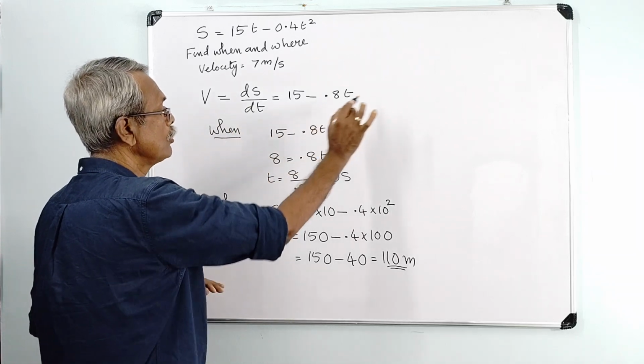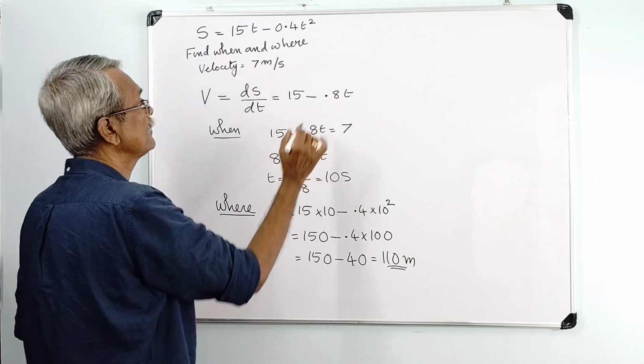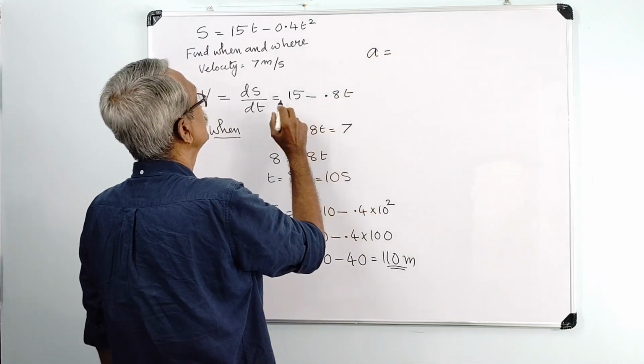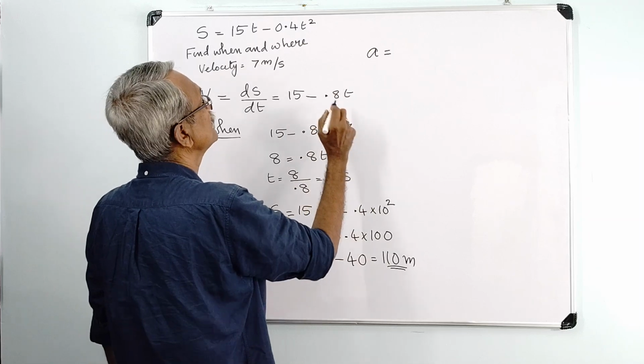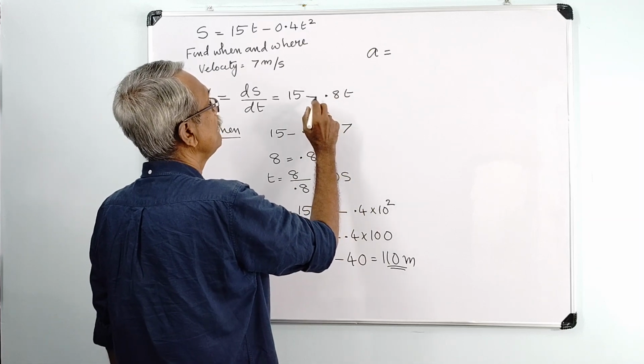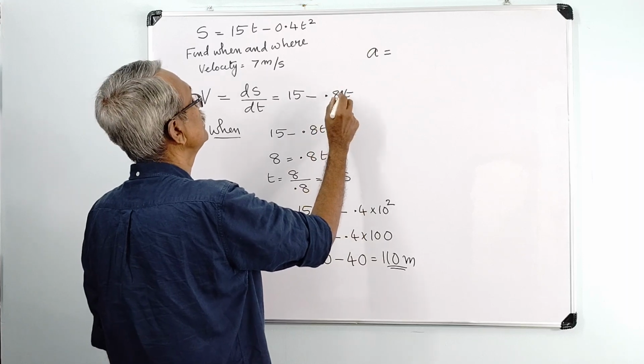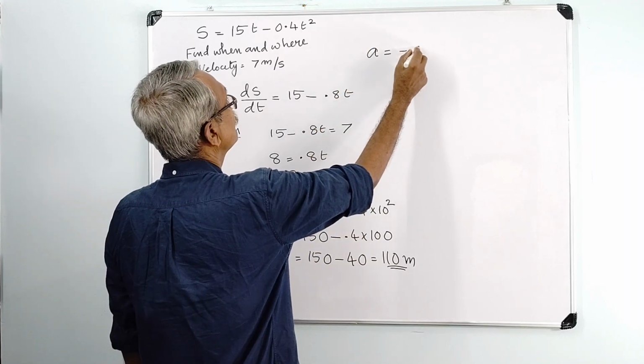Then it continues to move because it has an acceleration a equal to the derivative of this, that is the acceleration will be minus 0.8 meter per second square.